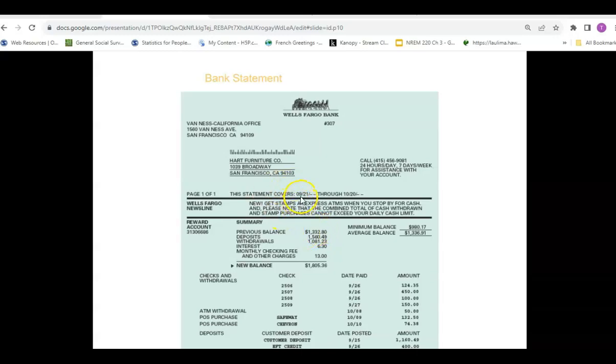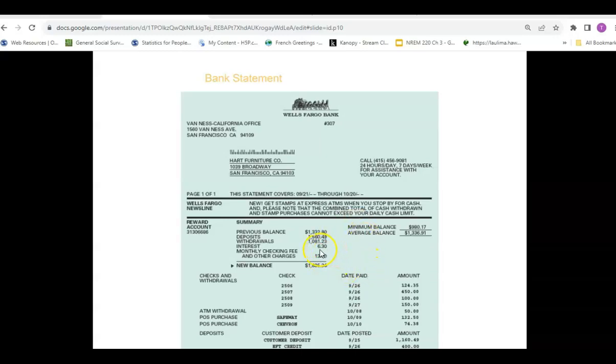So prior to this statement, our bank balance was $1,332.80. Okay. In addition, it also lists any deposits that were made during the month, any withdrawals that we also made. So this includes ATM withdrawals, purchases, or checks that we wrote.